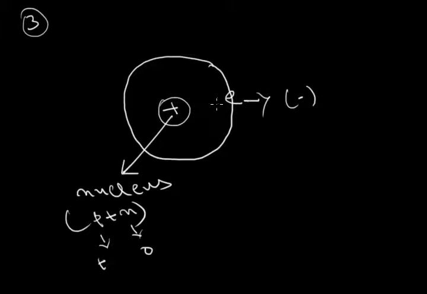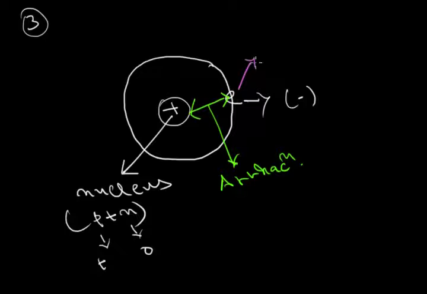The attraction between proton and electron, that is the Coulombic attraction between proton and electron, is nullified by the centrifugal force generated during revolution of the electron.